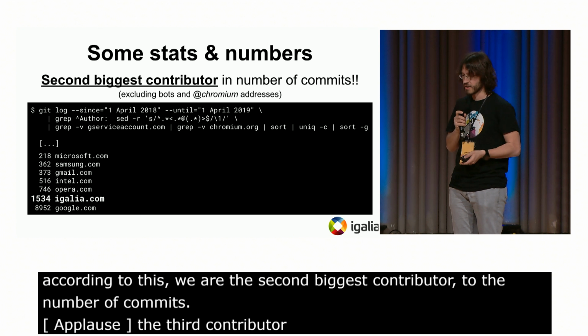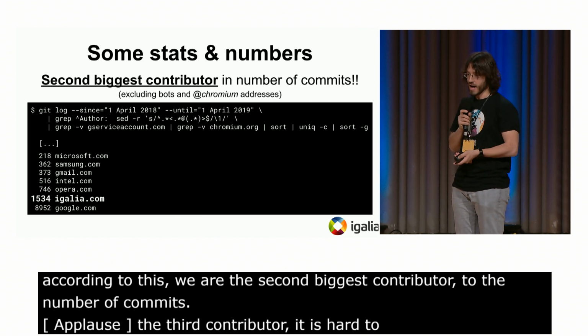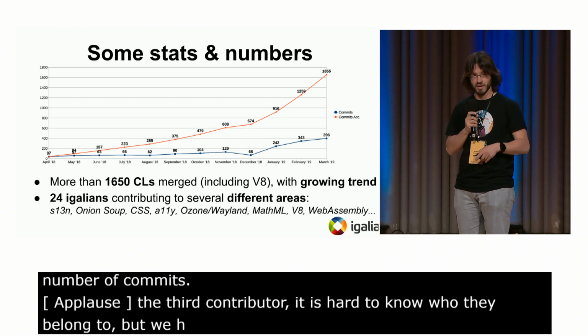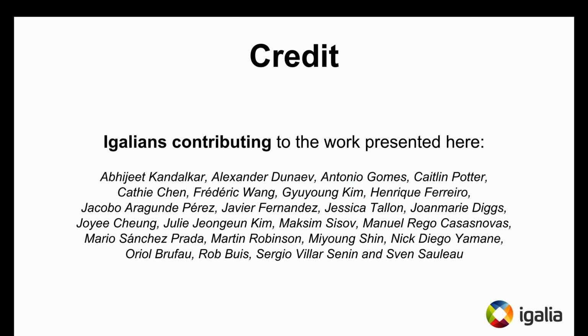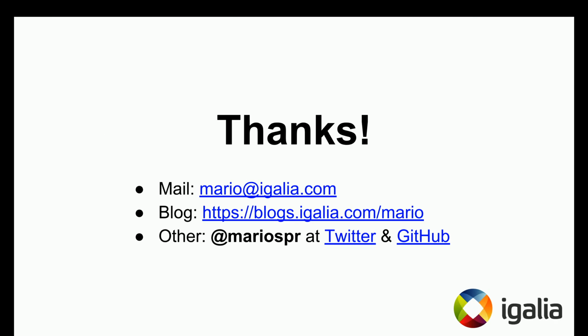But anyway, it's still good, with more than 1,500 commits. If we also consider the commits in the V8 repository, which were for Chromium only, we have a few more. But even more importantly, I'm happy to see this growing trend that shows our commitment to the project. And all this is possible because of the 24 Italians that have been contributing, who are all in there. Thank you very much. I can't believe I made it.